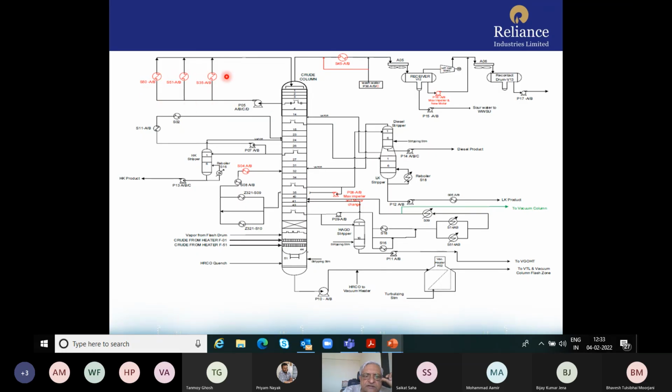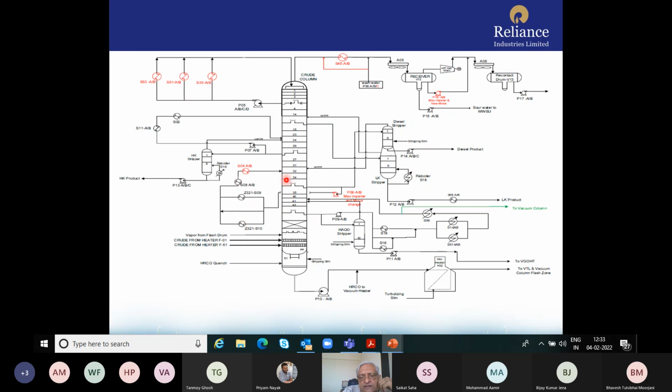So all these heat exchangers that you see here are preheating the crude. Similarly, this heat exchanger also is preheating the crude. So all these are pump arounds. You can see that this liquid which is being withdrawn as diesel, part of it is pumped as a pump around after cooling to the top.